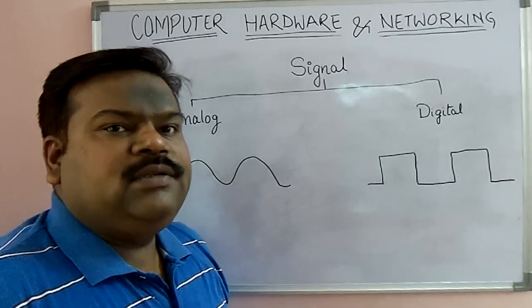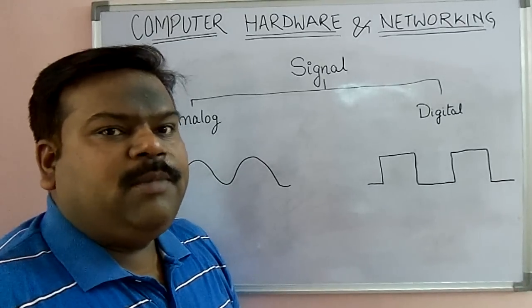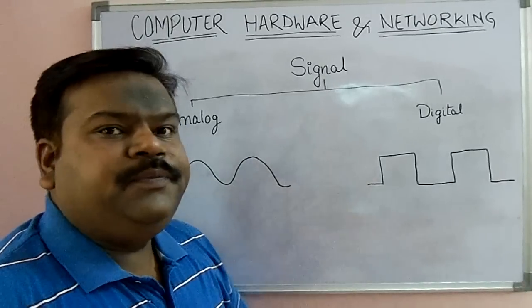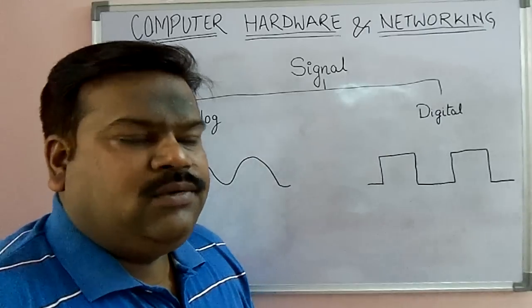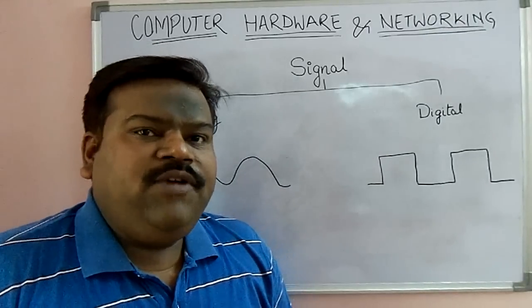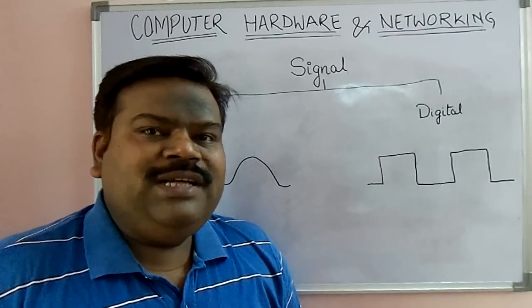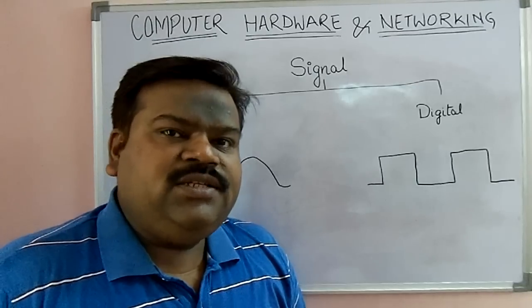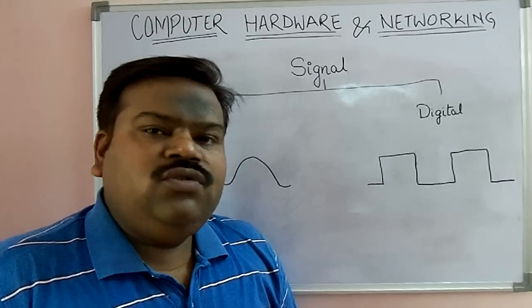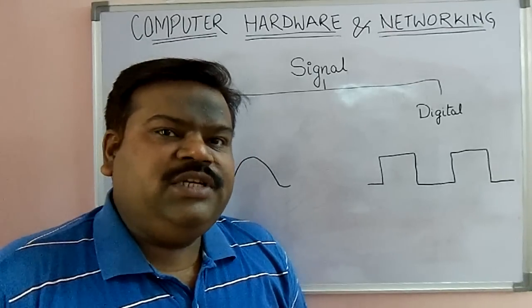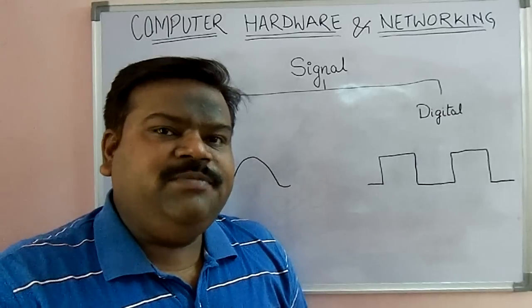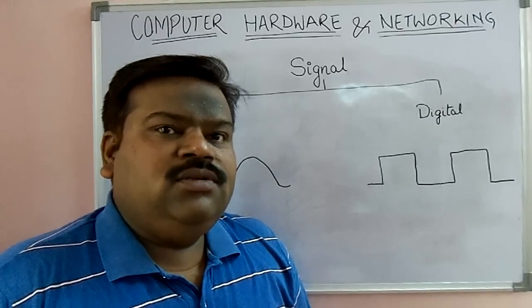In this class, we will learn about signals. As you all know, everyone is saying that technology has changed. I want to know what technology has changed. What do you mean by technology has changed?